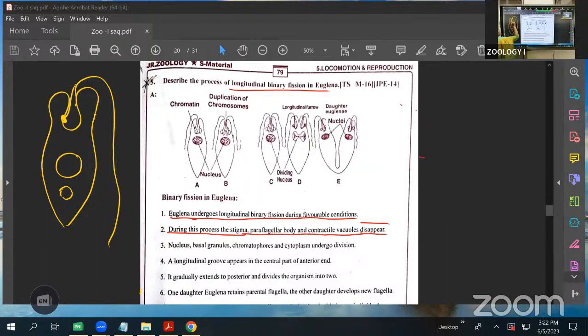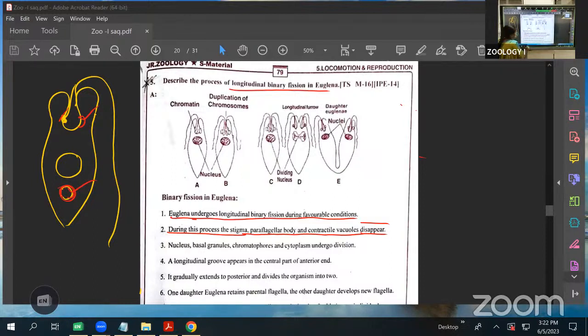This one disappears. And one more is the paraflagellar body, which will disappear. And this contractile vacuole also disappears. During binary fission, which ones disappear? Stigma disappears, paraflagellar body disappears, contractile vacuole also disappears. The nucleus stays as it is.